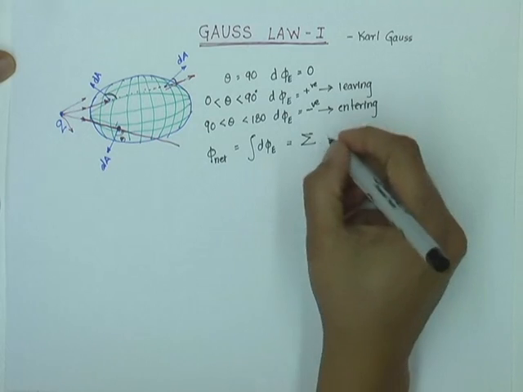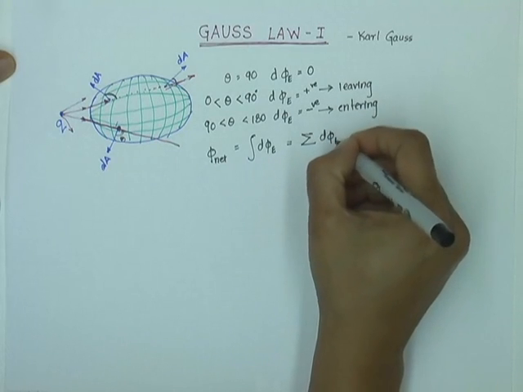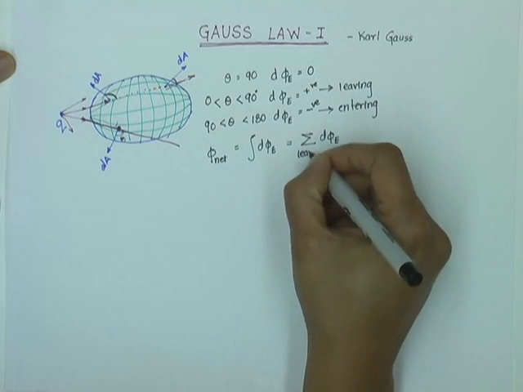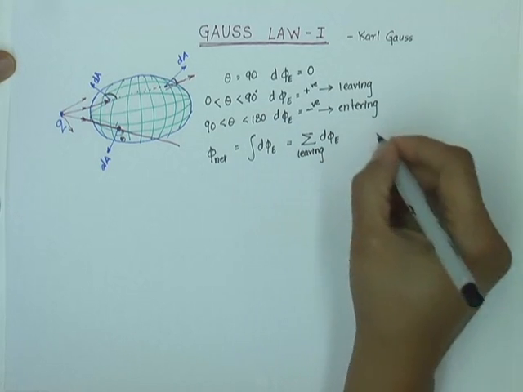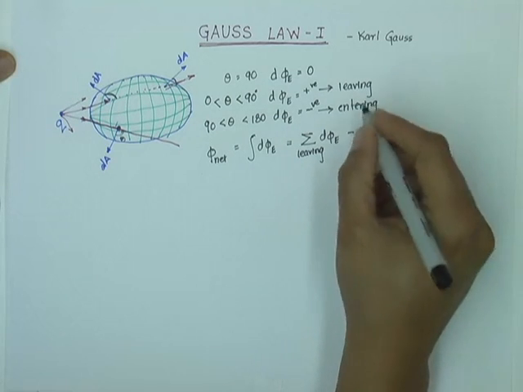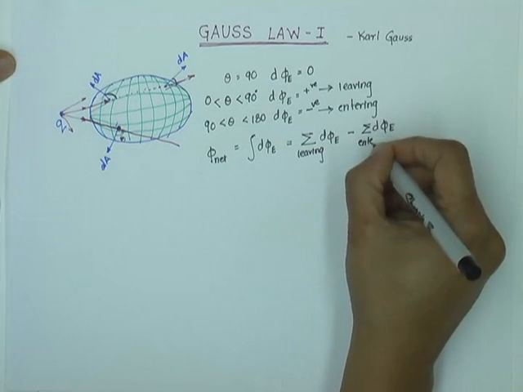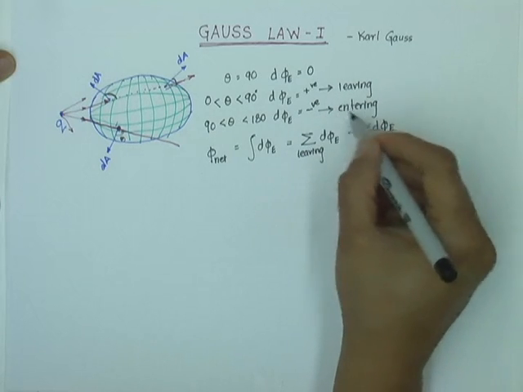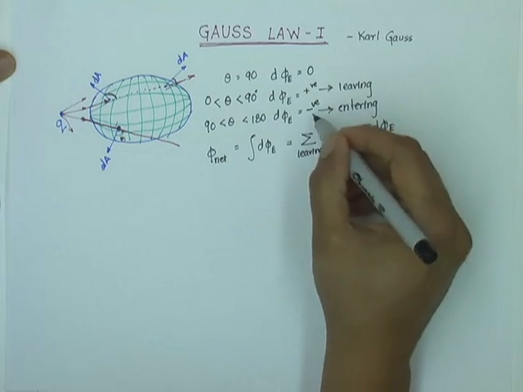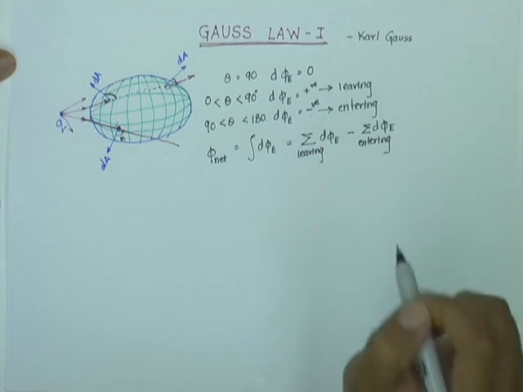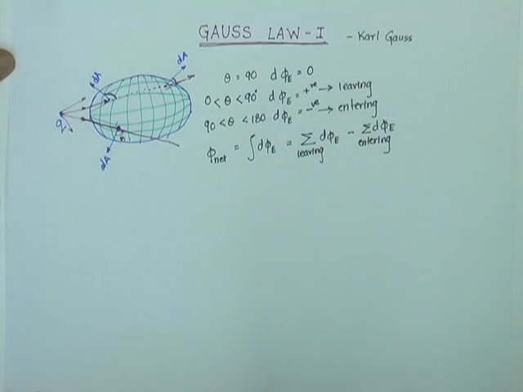So we can see this as the sum of d phi e for all the elements where the line is leaving the surface, minus the sum of d phi e of all the lines entering the surface. And why the minus? Because the d phi e of lines entering the surface is all going to be negative, and the summation is also going to be negative, and so we have the minus sign.